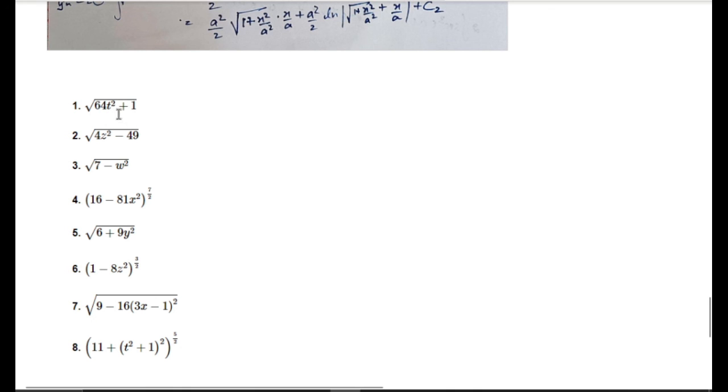Then you can take t as 1 over 64 tan theta, that is, t equals 1 over 64 tan theta, and then you can proceed accordingly. The same procedure is to be adopted in the rest. Just have a try on them.